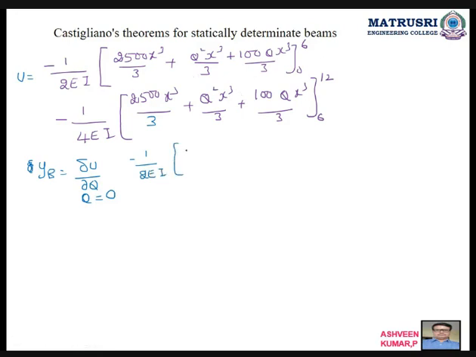This will be 100 x cube by 3, 0 to 6, minus 1 by 4EI, 100 x cube by 3, 6 to 12. So Q tends to 0.